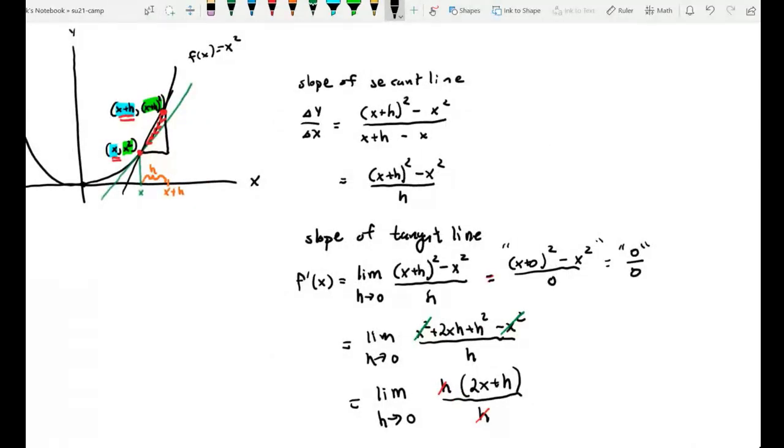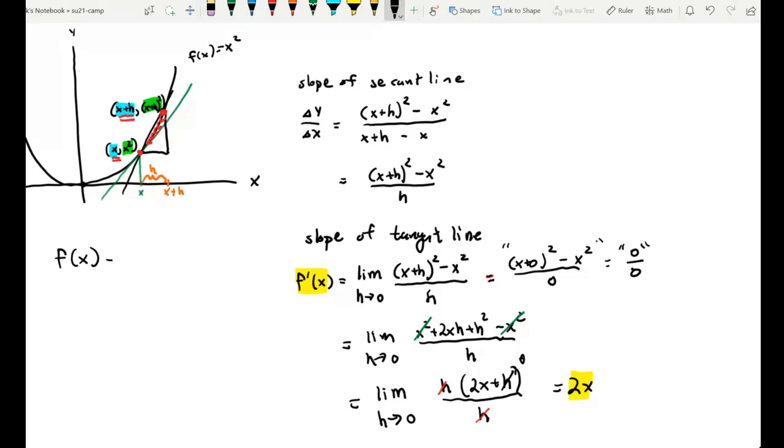Evaluating the limit directly as h goes to 0, we're left with 2x. Okay, so it looks like f prime at x is given by the formula 2 times x.